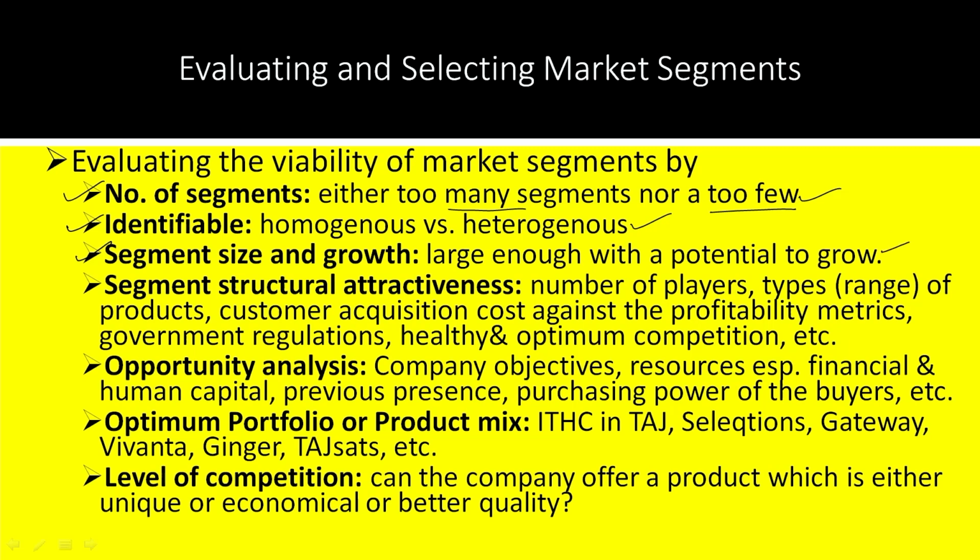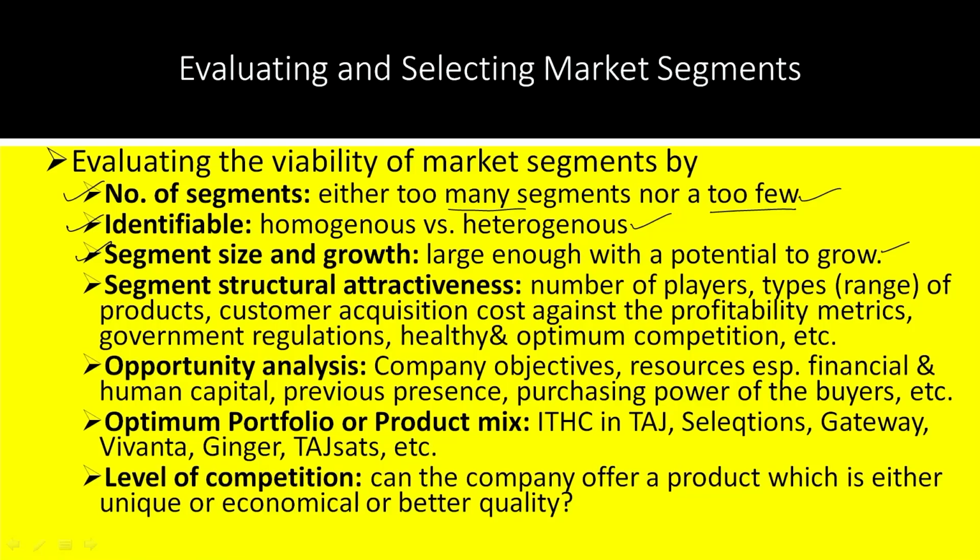Let us say today the company is expecting that it can sell up to 10,000 room nights to a certain market segment. Then tomorrow there should be a chance of at least 5 to 10% growth of that particular market segment.